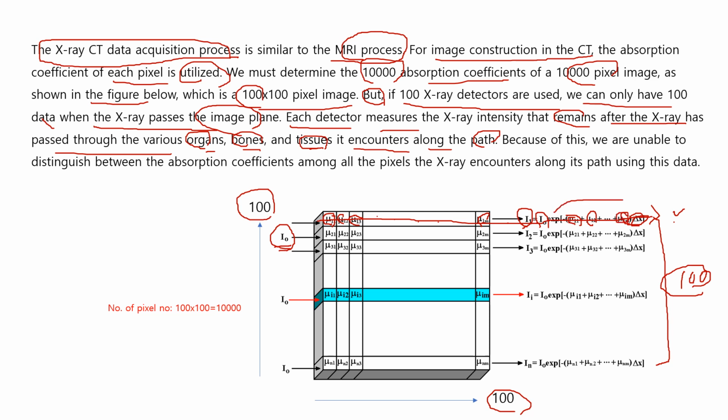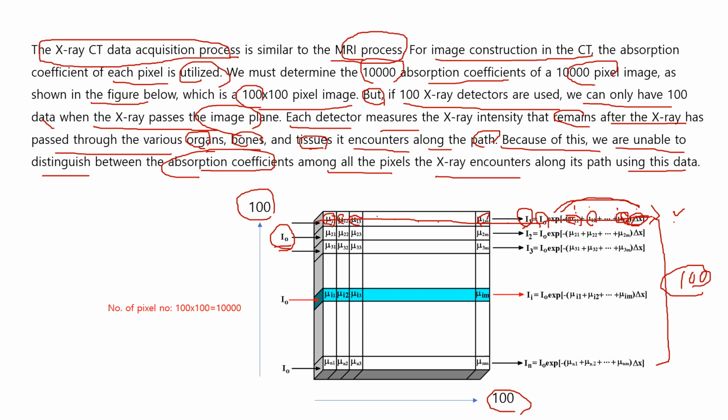Let's put together: we cannot discriminate the absorption coefficient of each pixel. Because of this, we are unable to distinguish between absorption coefficients among all pixels the X-ray encounters along its path using this data.